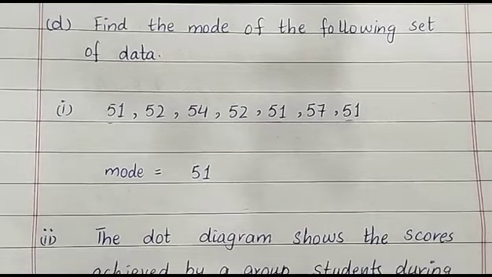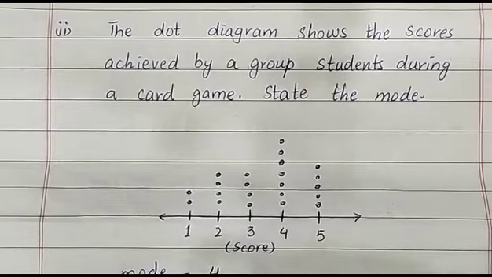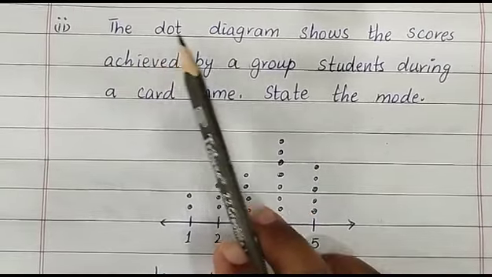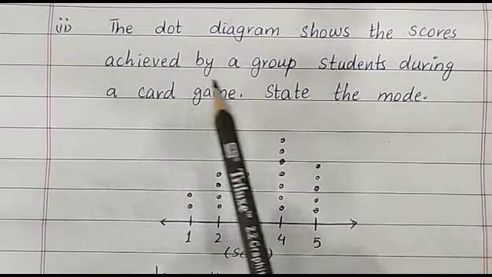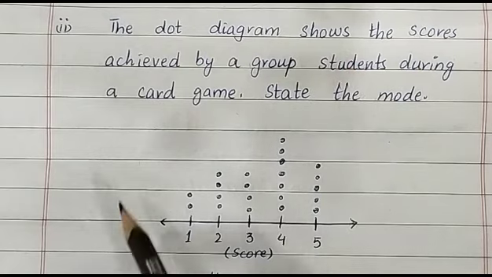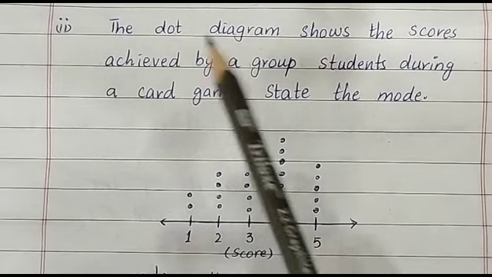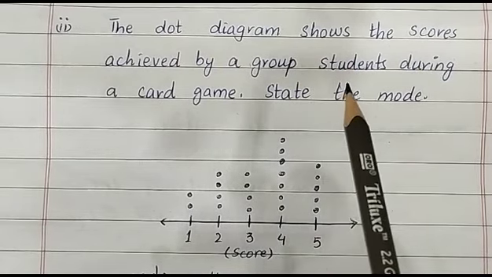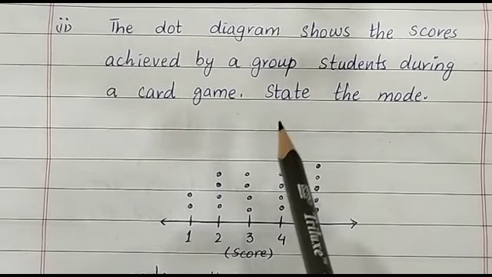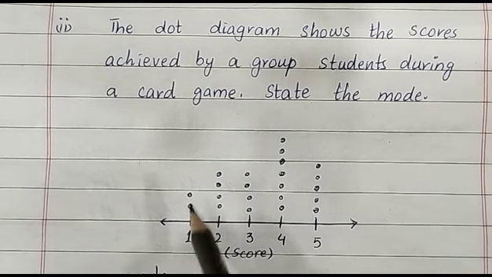Similarly, in the next part, part number 2 of D reads: the dot diagram shows the scores achieved by a group of students during a card game. State the mode. This is a dot diagram which shows how many scores every one of the students got in a group activity of card games. So this is the number of students, and these are the scores from 1 to 5.